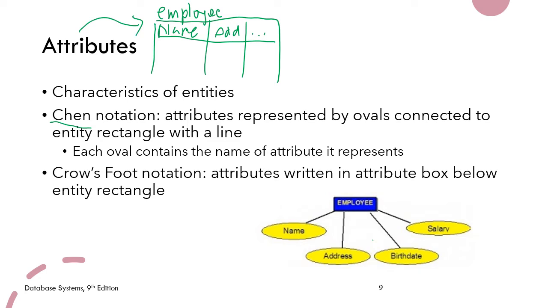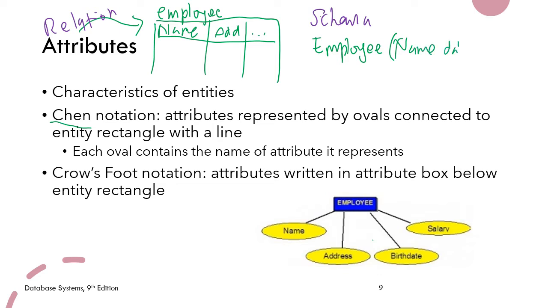So remember, what is this? This is a relation, a table relation. And we also can represent it in the database schema. Employee, name, data type, then address, and so on.